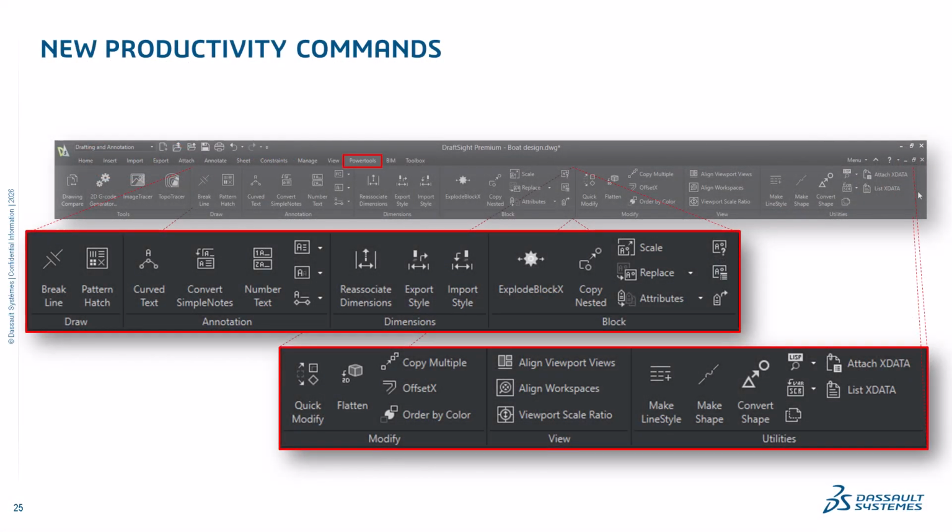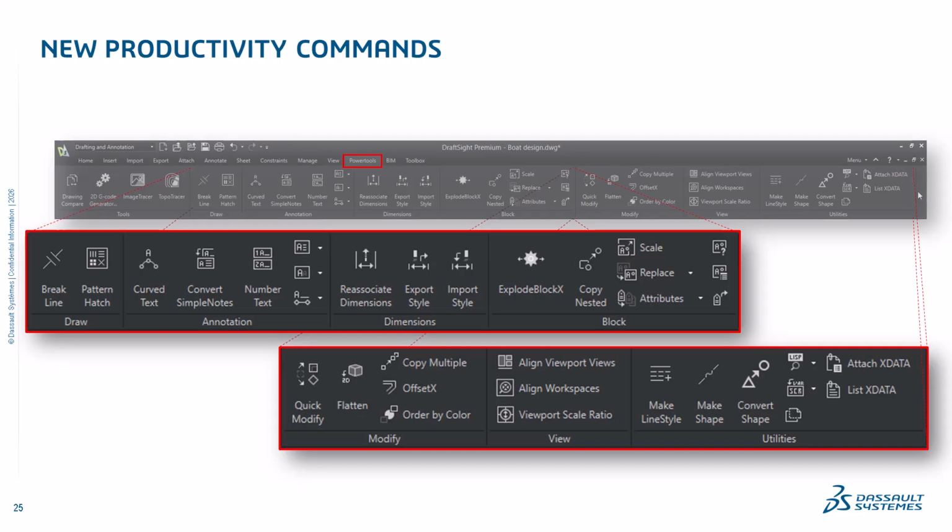Next, let's take a look at the expanded set of productivity commands now available under the Powertools tab across all workspaces. In previous versions of DraftSight, this tab included just a few tools such as Drawing Compare, G-Code Generator, Image Tracer, and Topo Tracer.